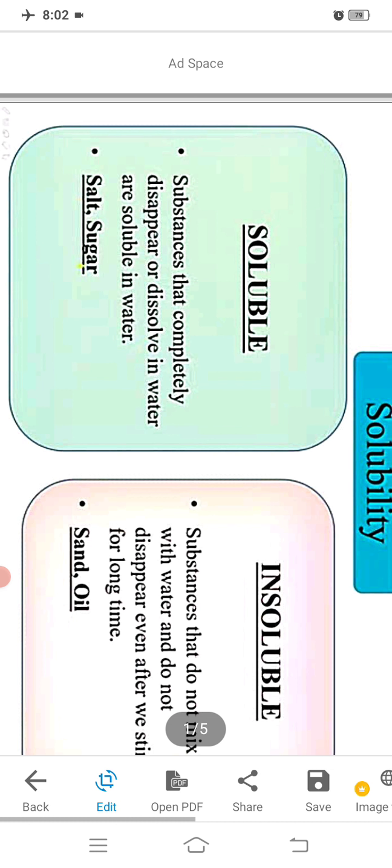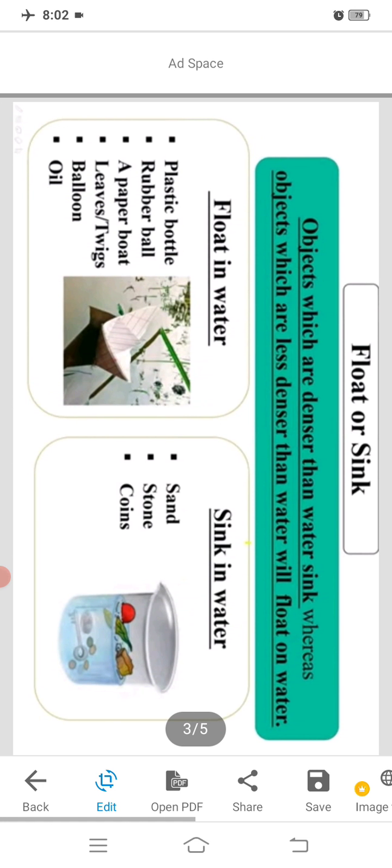Again I say, solubility is defined as the property to completely dissolve. Next, the property that we are going to learn is float or sink. Objects may float or sink in water.